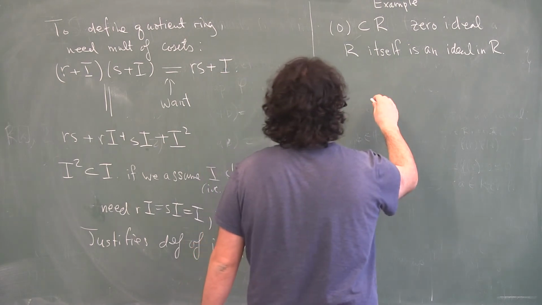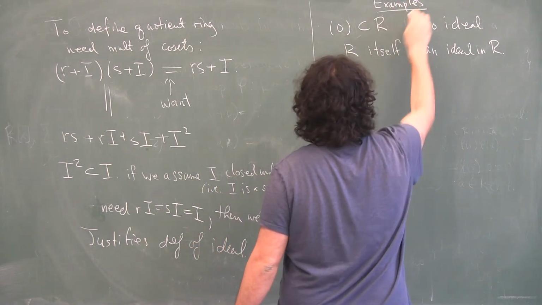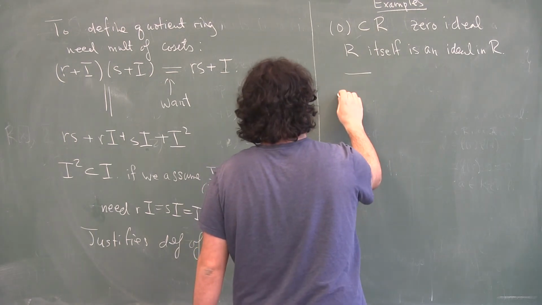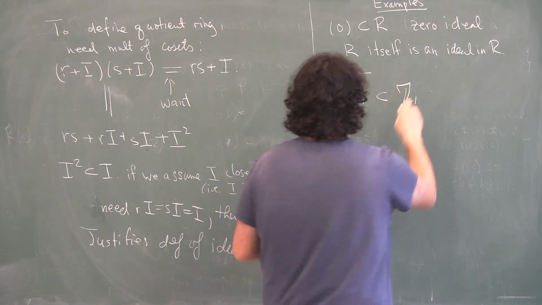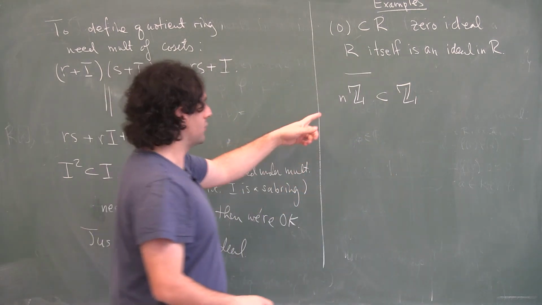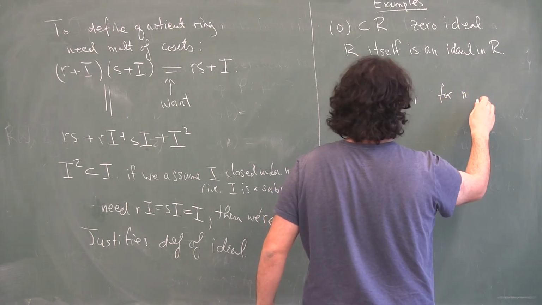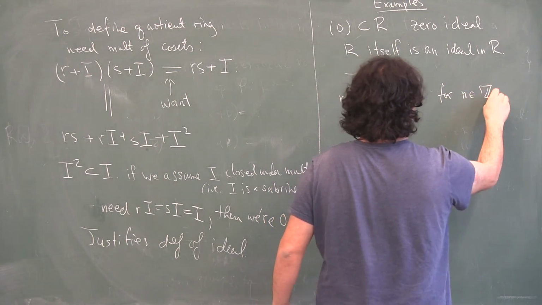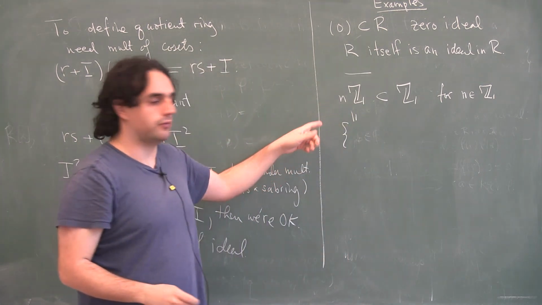A more interesting example is I can take nZ in Z. So what is nZ? For an integer n, this is all the multiples of n.